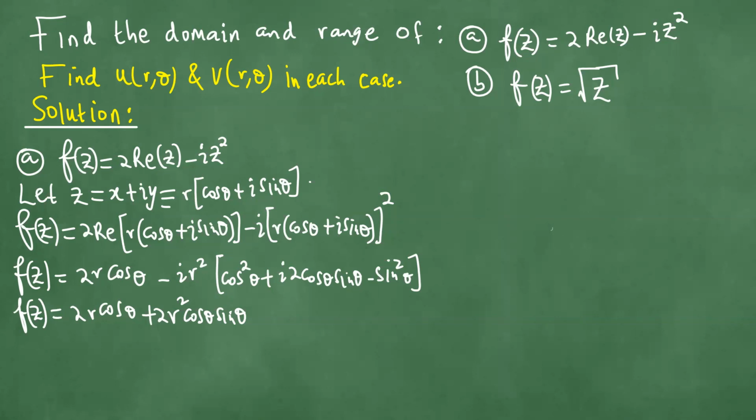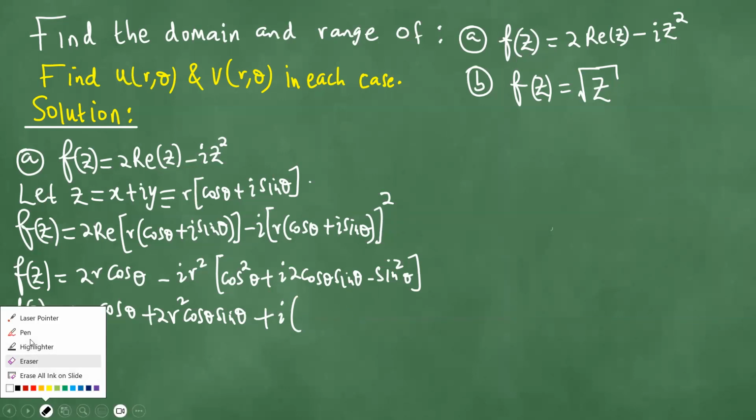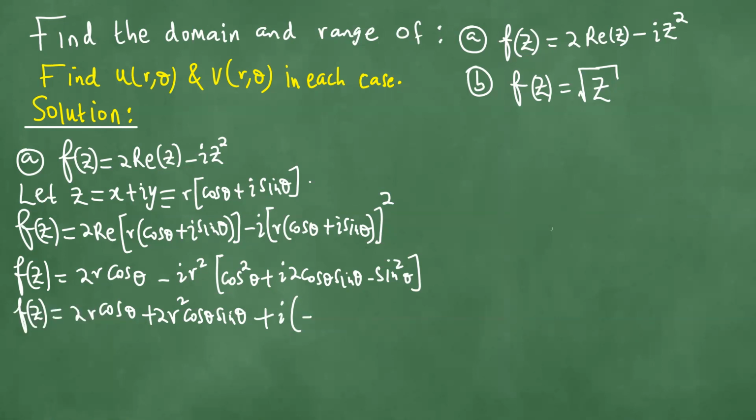You can put these in parentheses and we have the i terms. So in view of the terms we have, for instance, plus i into r squared, and then there is a minus, so it's minus r squared.